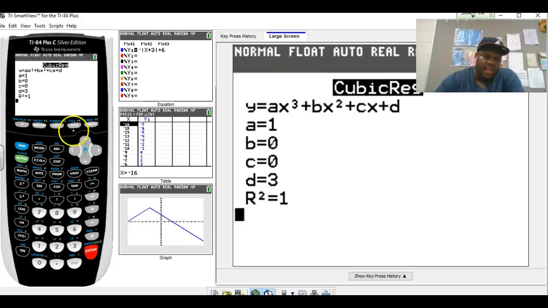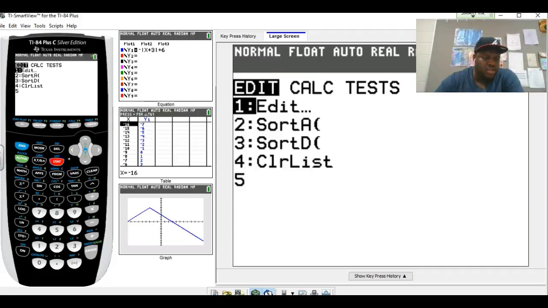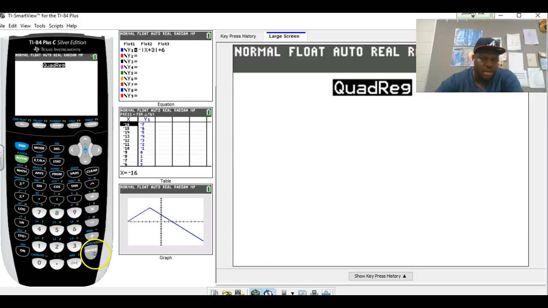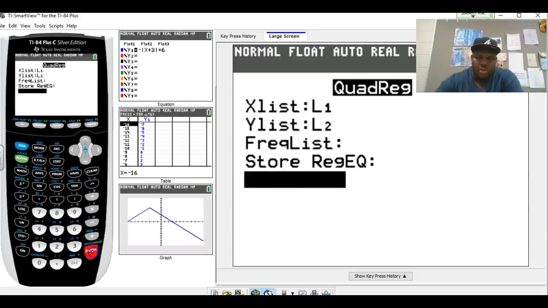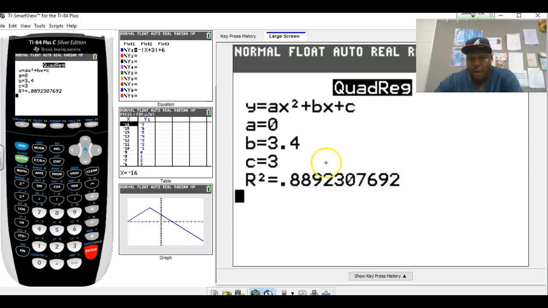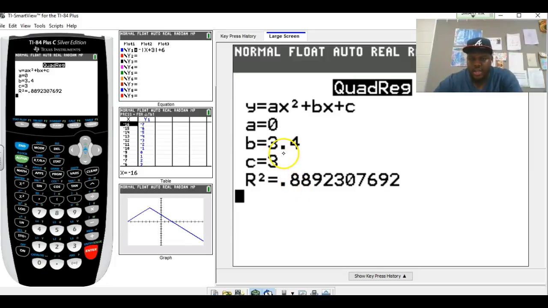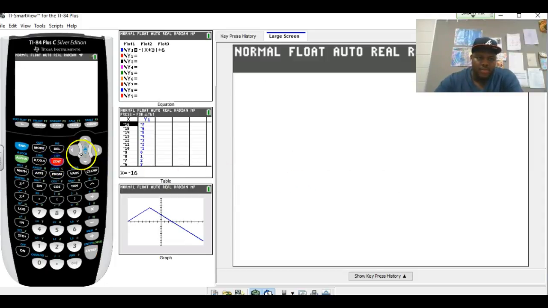Okay. Hypothetically, this is strictly hypothetical. Let's say I did quadratic. Alright, quadratic, option 5 right here. I just wanted to show you again, see, R squared is not quite 1. So that tells me that this isn't the equation I need versus the other one.